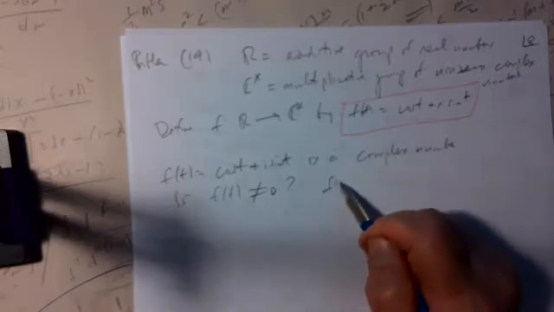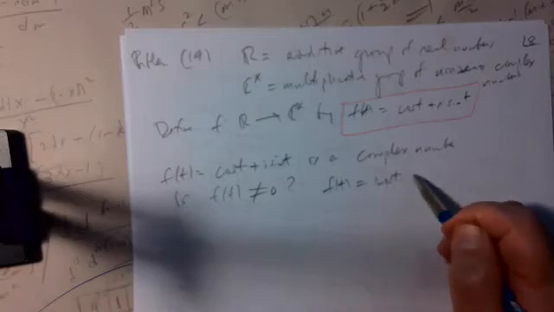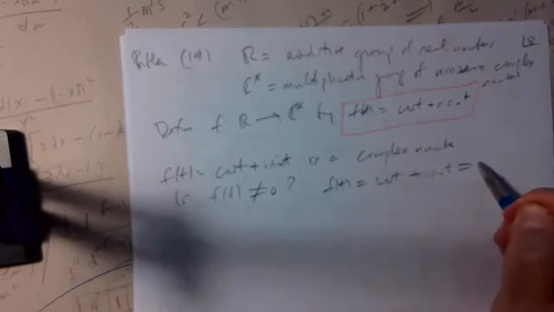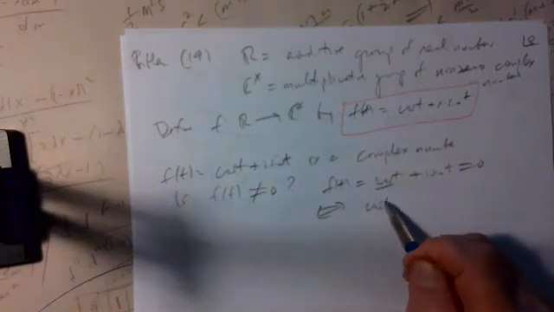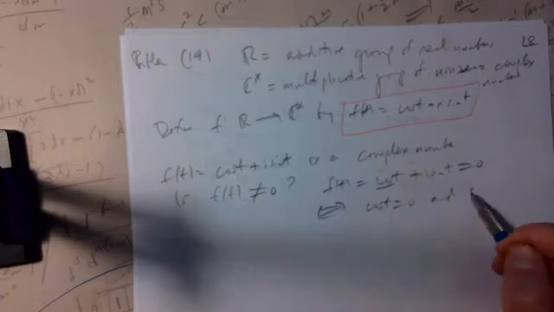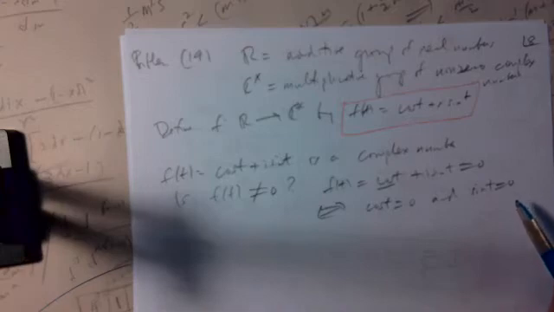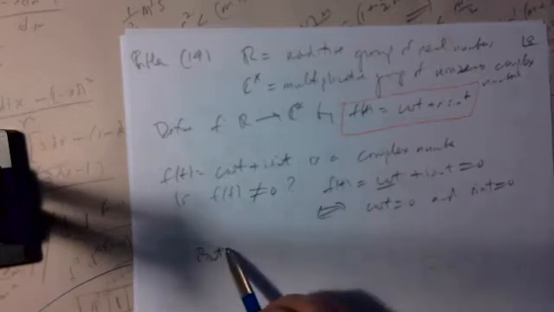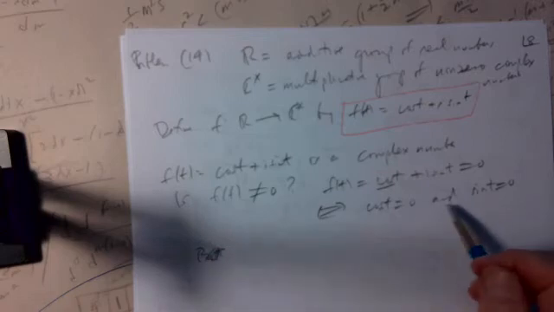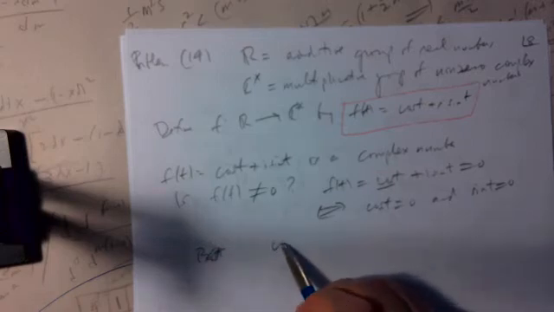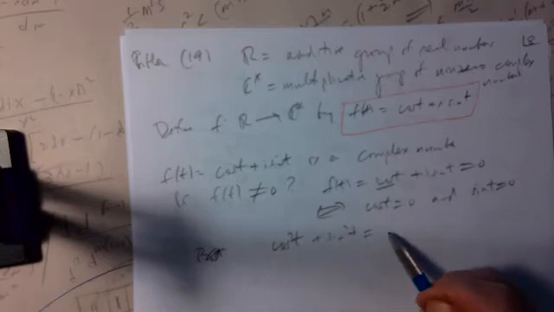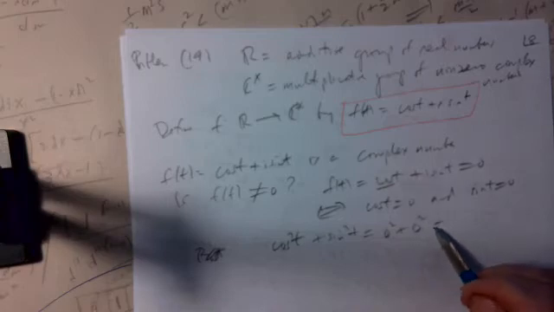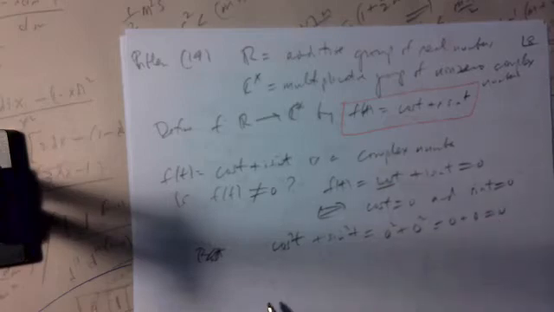Well, f of t, which is cosine t plus i sine t, is 0 if and only if the real part, cosine t, equals 0, and the imaginary part, sine t, is also equal to 0. But if that's the case, cosine squared t plus sine squared t is 0 squared plus 0 squared, which is 0.